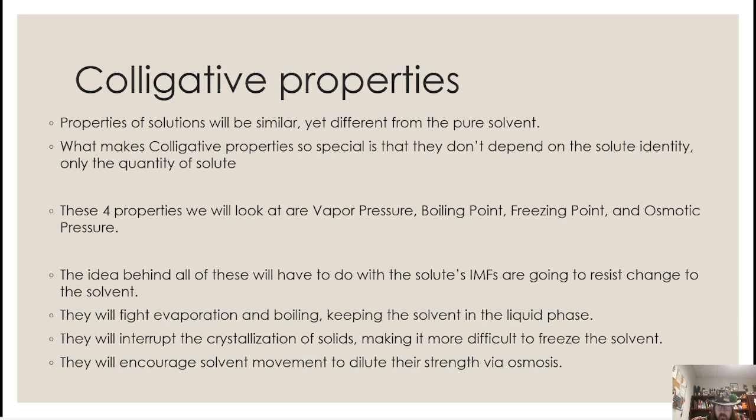They are going to kind of put a little blockade, making it harder for the solvent to escape, either via evaporation to form vapor pressure, or to escape straight up boiling. So they're going to keep them in the liquid phase.